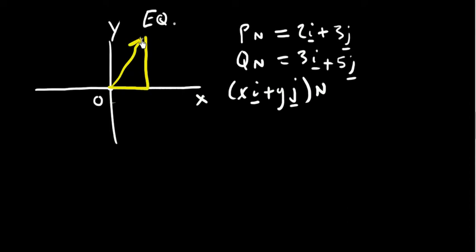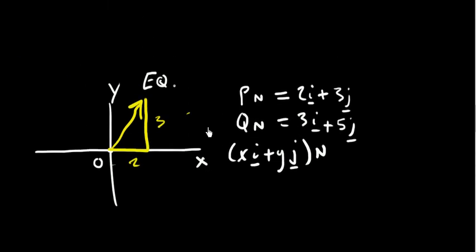And Q was 3 and 5, so Q would be 3 in that direction and 5 in this direction. They're both positive.